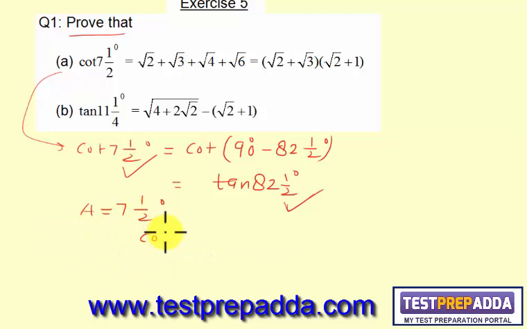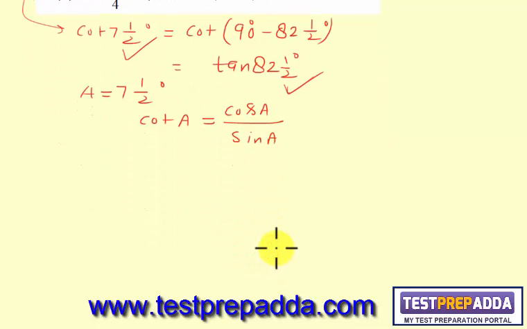Now if I take angle A as 7.5 degree, then cot A we have to find. Cot A I can write as cos A upon sin A. Now how to start?